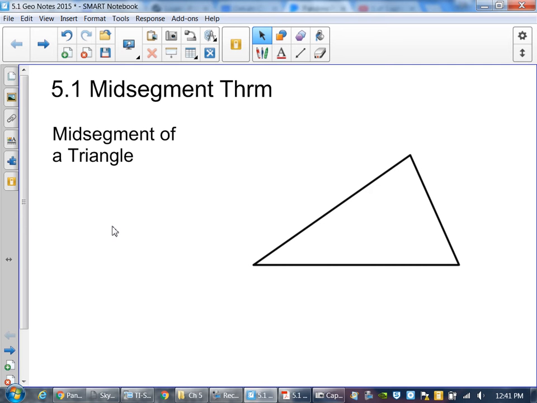So, if we look at what's called a mid-segment, what do you think the word mid-segment stands for? Middle segment. The middle segment, okay? Now, if you have a triangle, where do you think the mid-segment might occur?